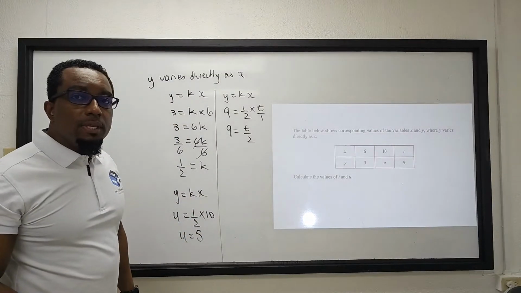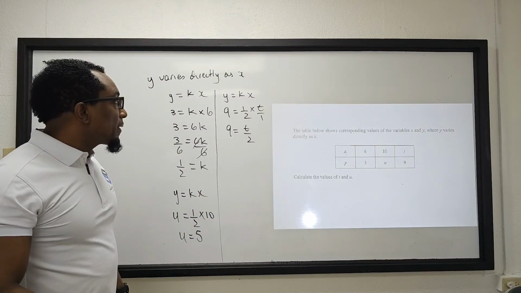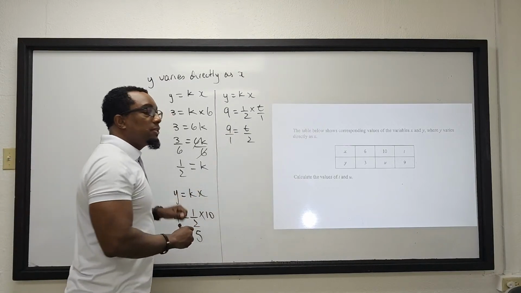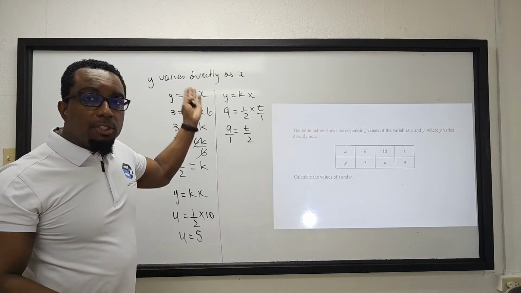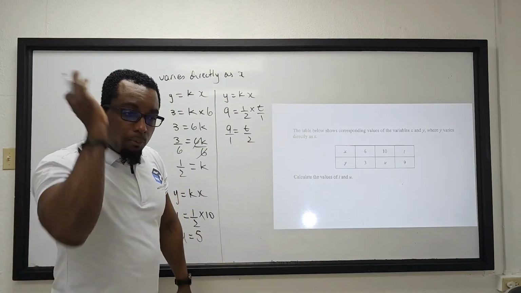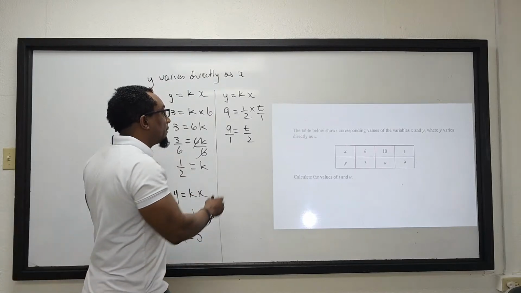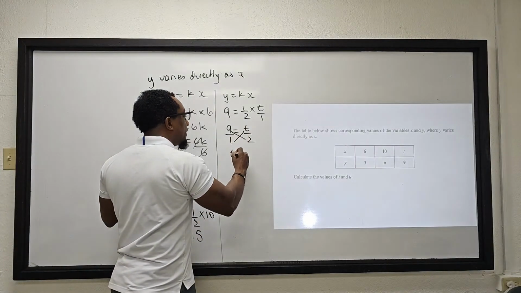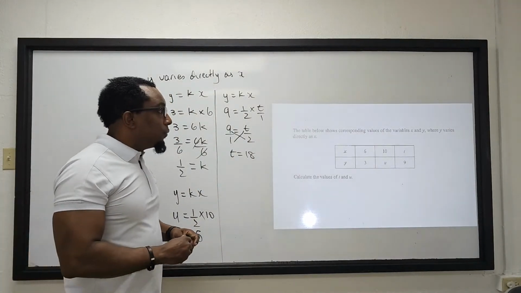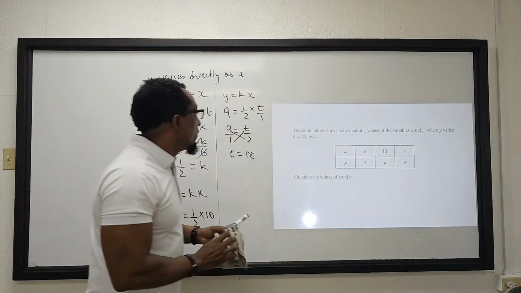To remove it from the fraction, because you have 9 over 1 and t over 2, you can cross multiply, because you have one fraction on the left, one fraction on the right of the equal sign. So 1 by t is t, 9 by 2 will give us 18. So, direct proportional relationship.